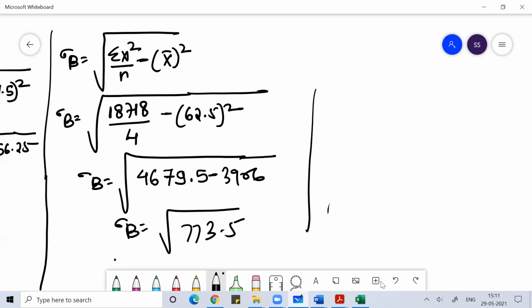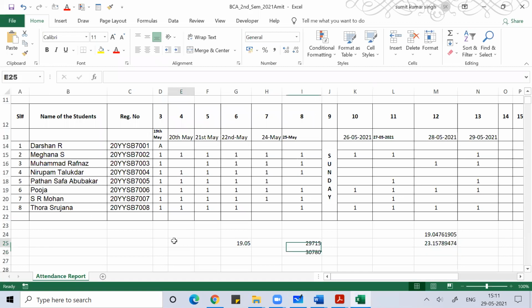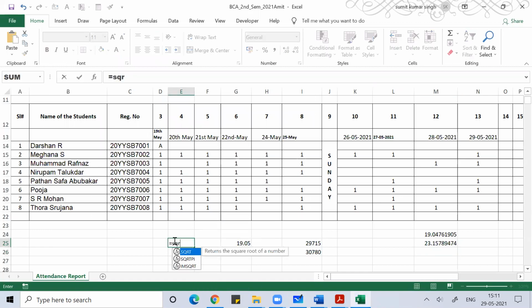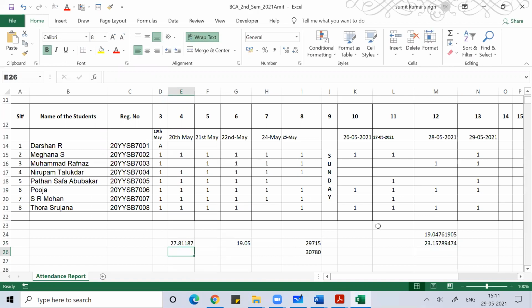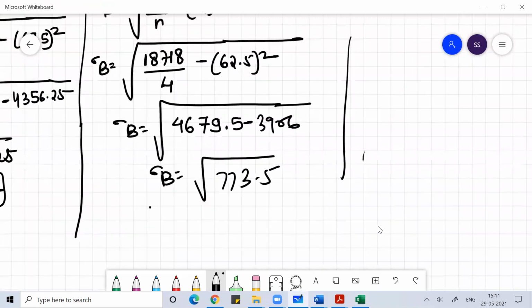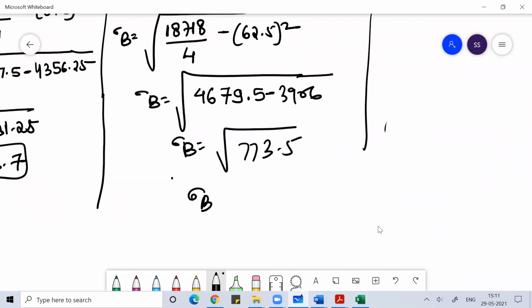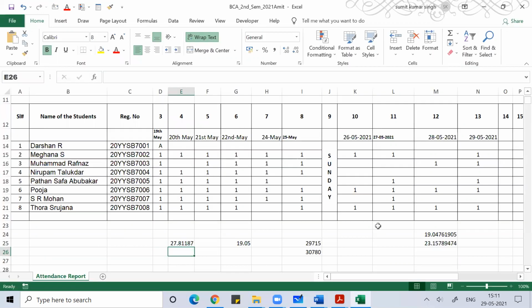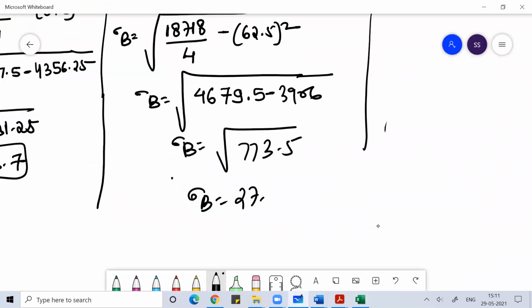With that, find the square root of 773.5. 27.27, 27.811. This is the standard deviation of B.